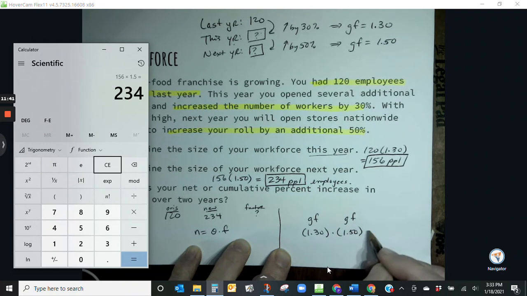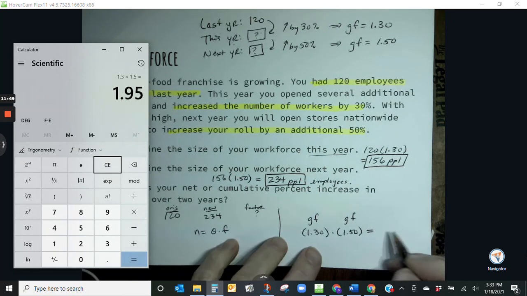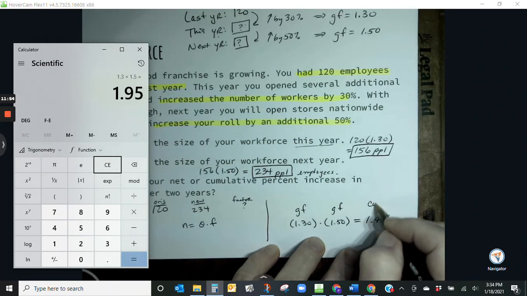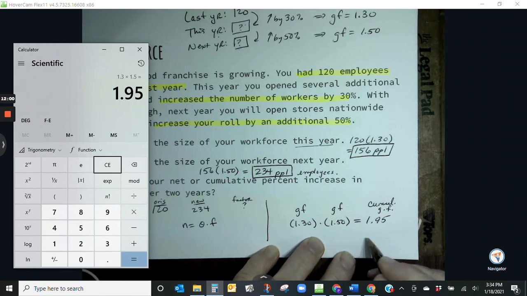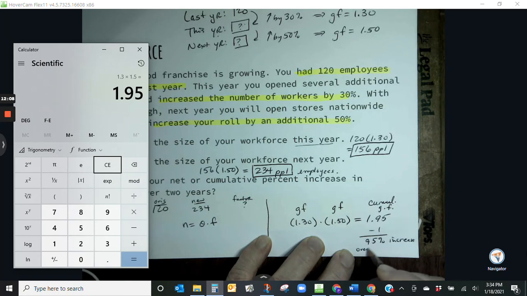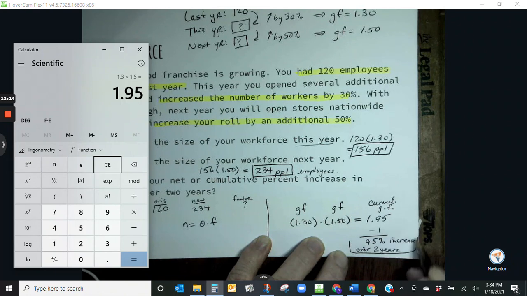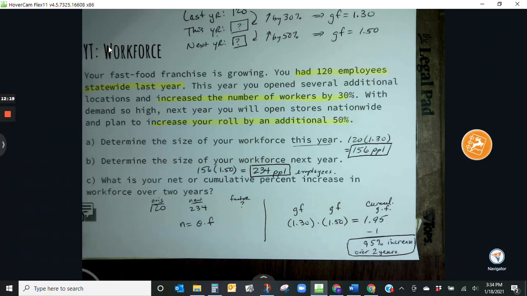If I just multiply those two, I get the cumulative growth factor. 1.30 times 1.50 says that there was a cumulative growth factor of 1.95. Take away 1, that's a 95% increase over 2 years. Almost a doubling. My workforce increased 95% over 2 years.